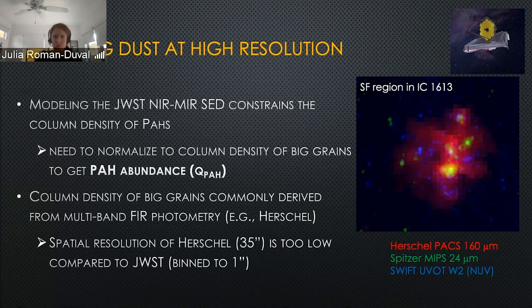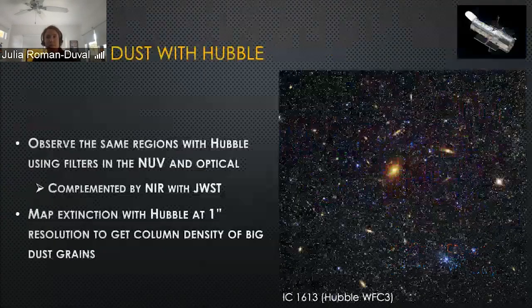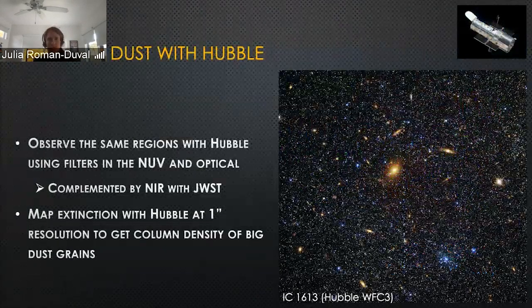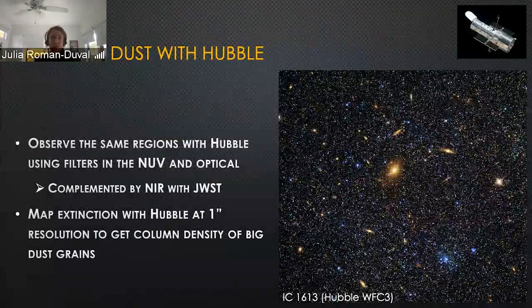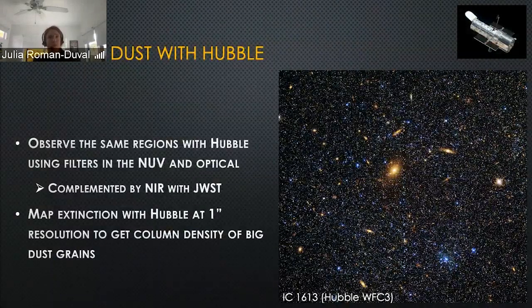And so to get around this limitation, we will be using Hubble to map the dust in those galaxies. And so this is a joint Hubble and Webb program. We will be observing the exact same region with Hubble using filters that span the near UV to the optical, and of course to be complemented by the near infrared that will be observed with JWST.